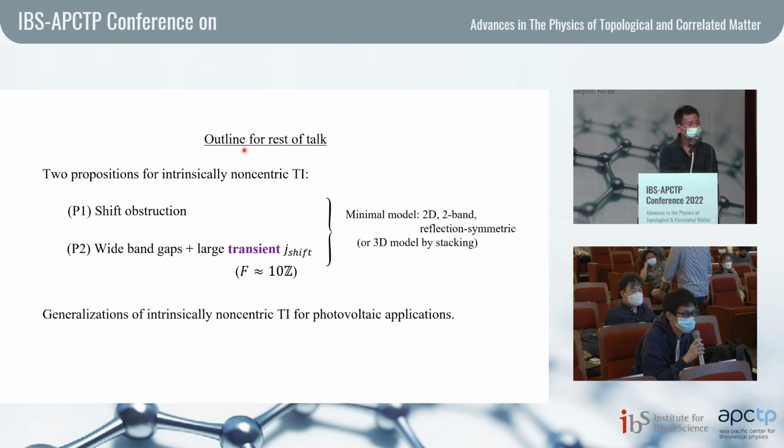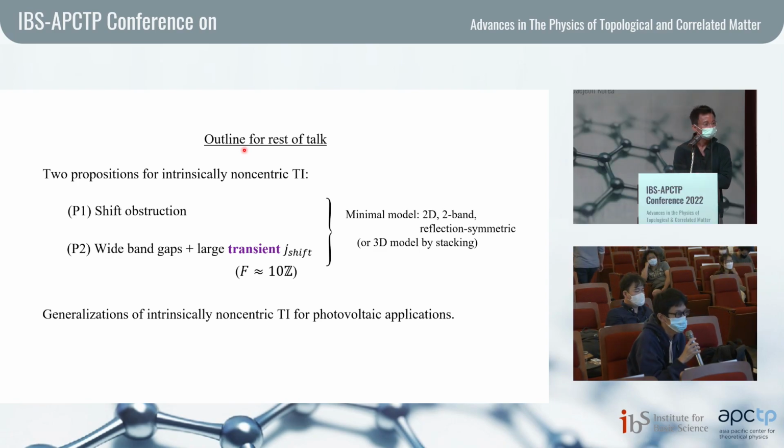So I guess I have a related question. I thought the shift current is a geometrical effect and not necessarily topological. So I'm probably confused about the motivation, because I thought you can have a topologically trivial crystal that does have shift current too, right?